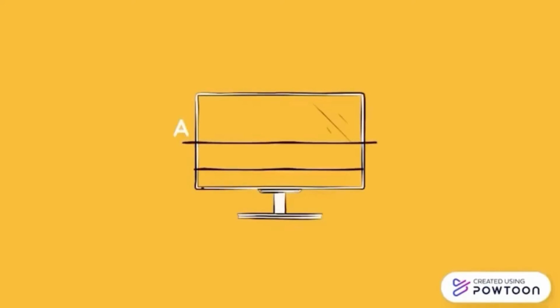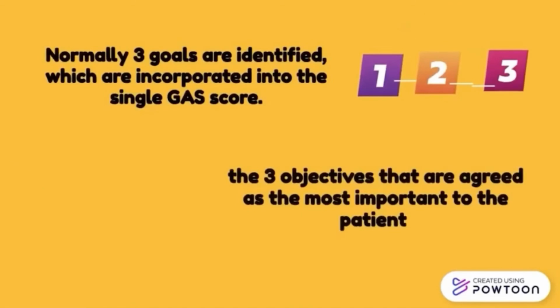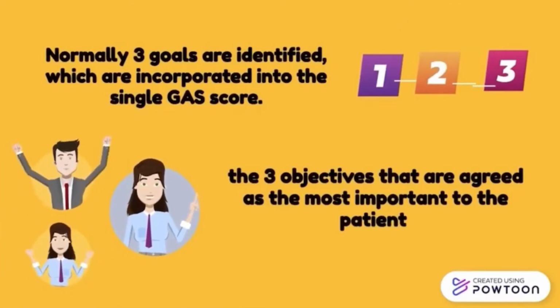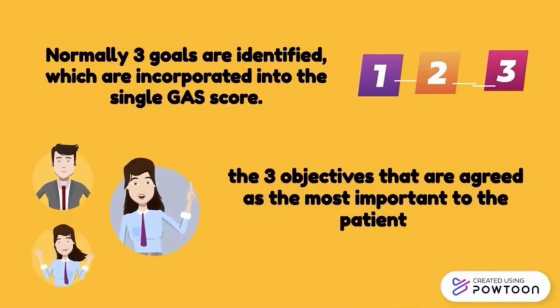Next is the administration procedure. Normally, three goals are identified, which are incorporated into a single GUESS score. These are the three objectives that are agreed as the most important to the patient.